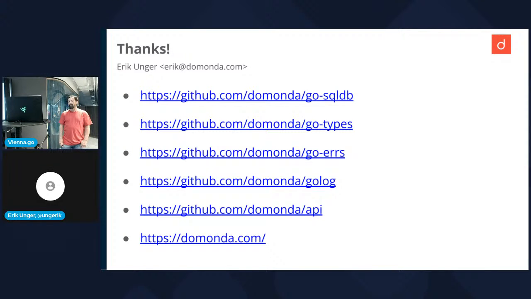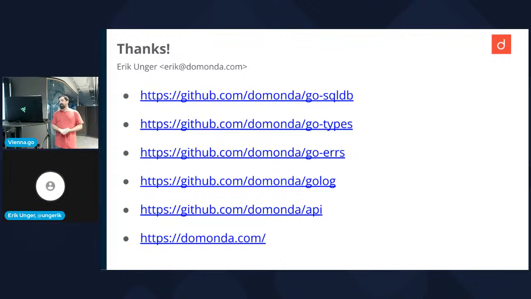And if you want to have a look at some friends of Go SQLDB, we have a lot of other useful Go packages. So Go SQLDB uses Go types. We have a lot of types, especially financial stuff, of course, but also nullable and non-nullable types you can use together with databases.